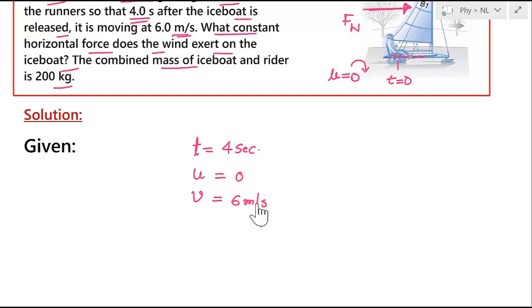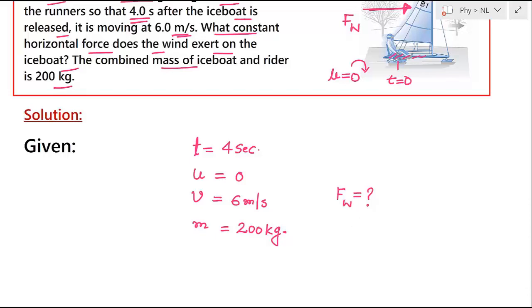Any other thing that is given? Yes, mass is given. Mass of rider plus ice boat equals 200 kg. And we have to find Fw. So the target variable, the force applied by the wind, Fw, is the term that we have to find.